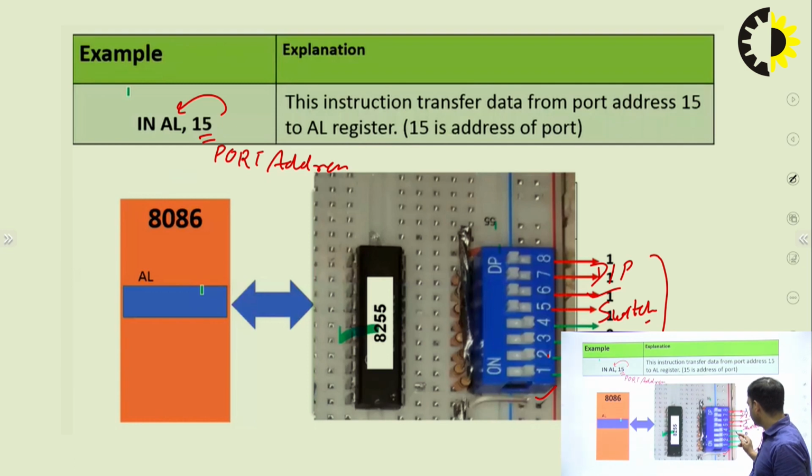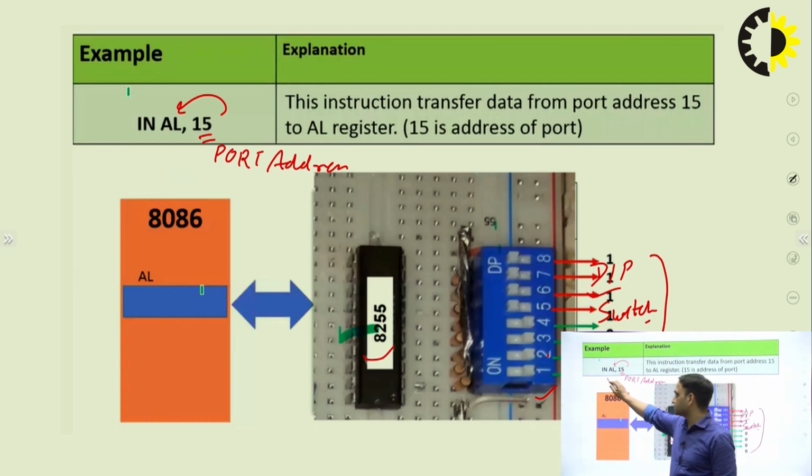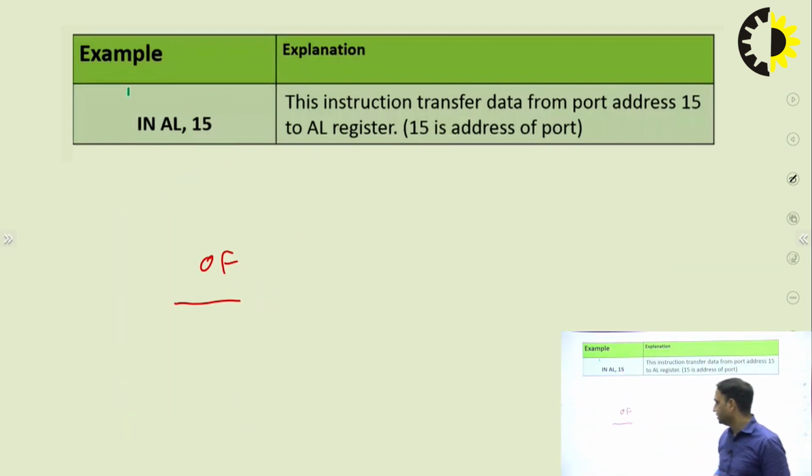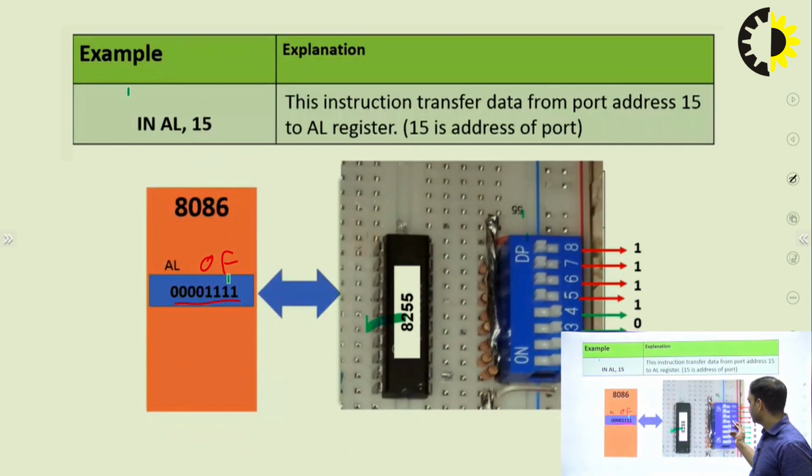So these switch inputs will go into AL via the 8255. So what is the meaning of this instruction? The content which is available at port number 15 will move into the microprocessor. So this number will move into AL. So this will look like this. In place of the diodes, we are just simply using this DIP.